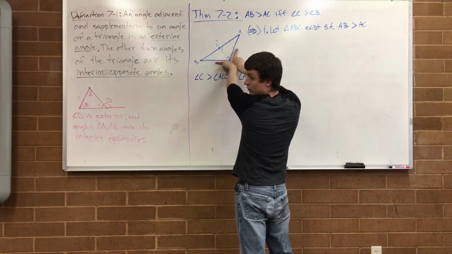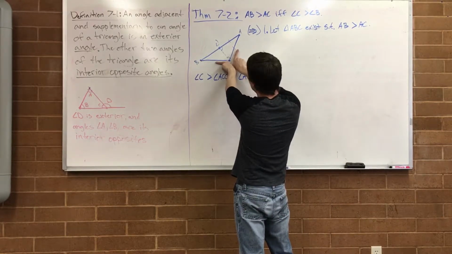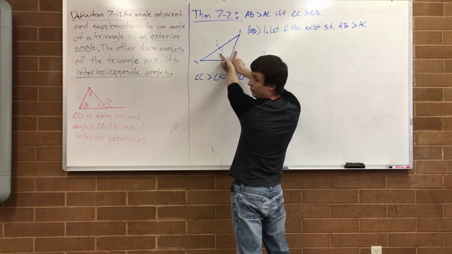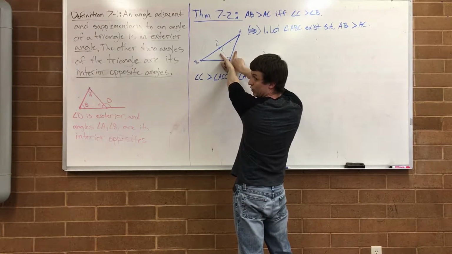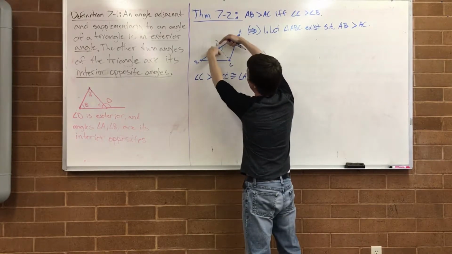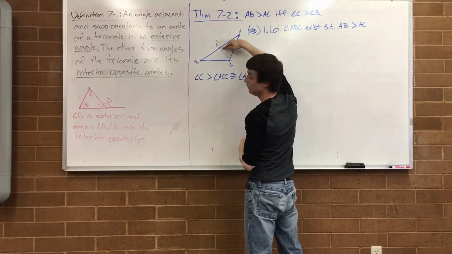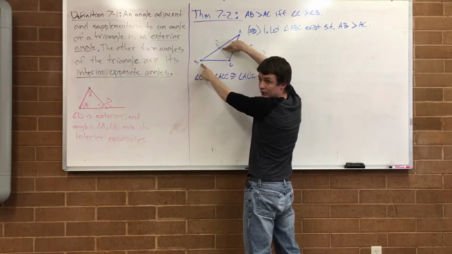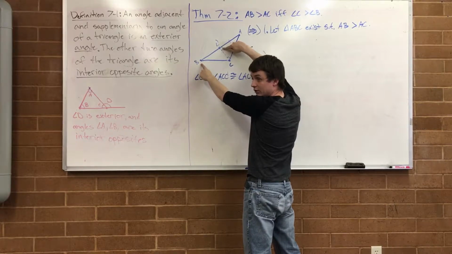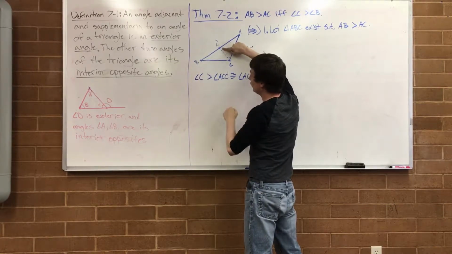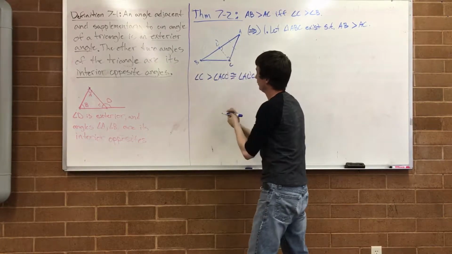This big angle is bigger than just that portion, the bottom of the isosceles triangle, which is the same as the other bottom of the isosceles triangle, which is bigger than angle B, because it's an exterior angle. Exterior angle is bigger than both its interior opposites.